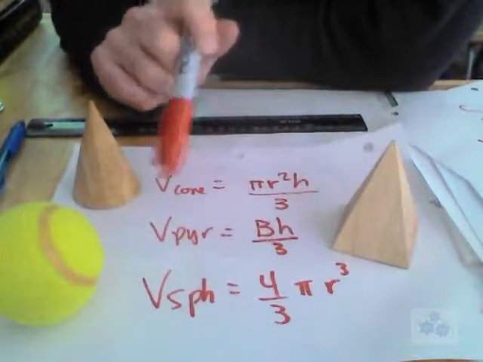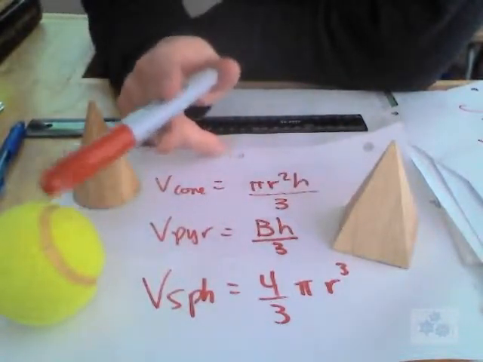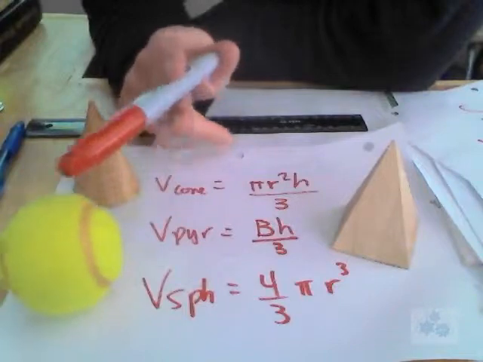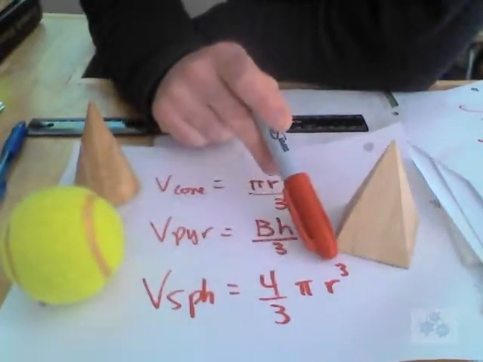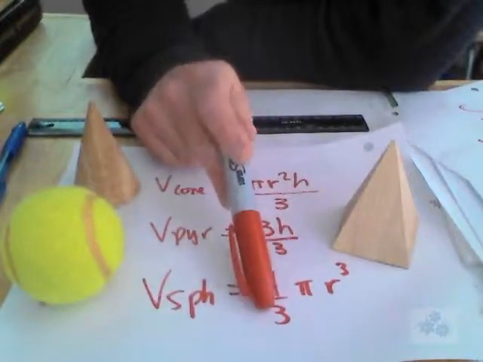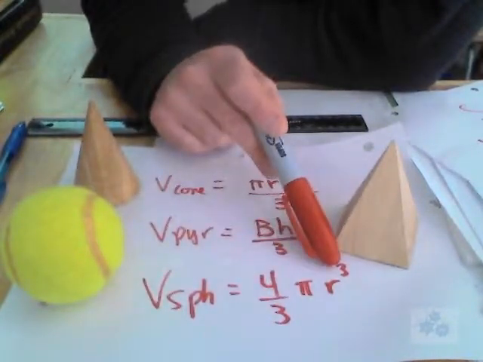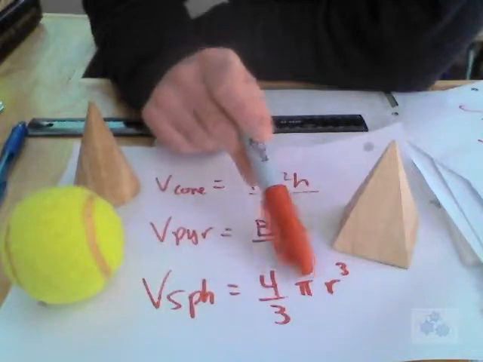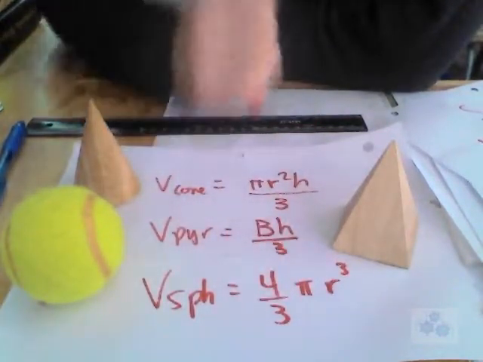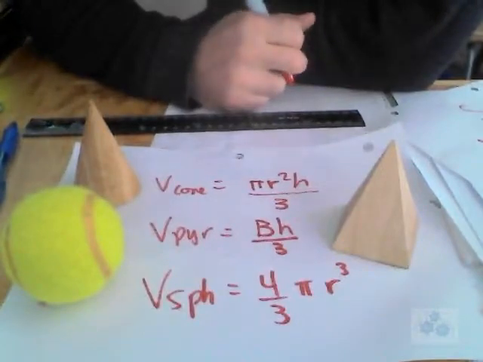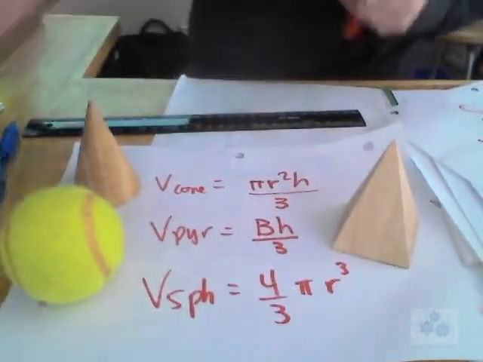So cones and pyramids, very much the same. The sphere, like the tennis ball here, is really different. That one is 4 over 3 pi r cubed, or 4 times pi times r cubed all over 3. Same thing. Okay, any questions? All right.